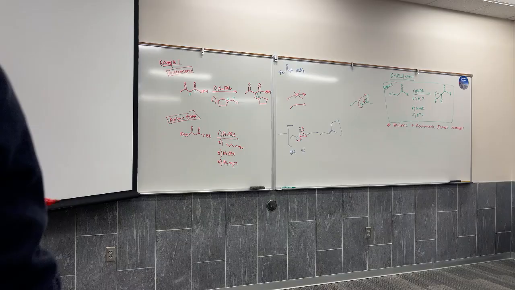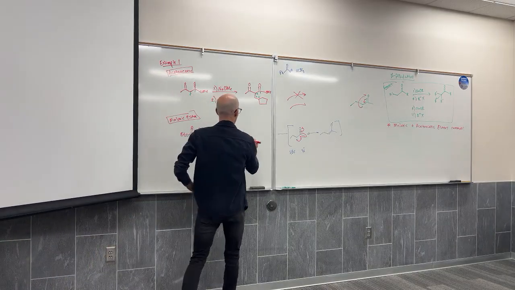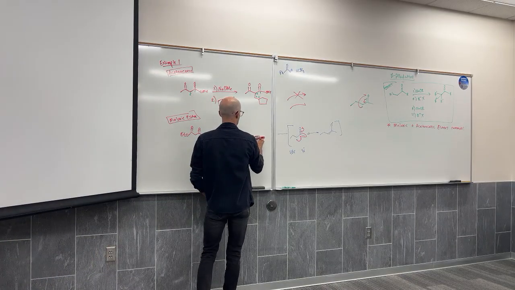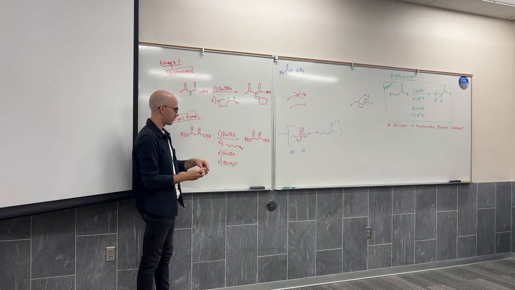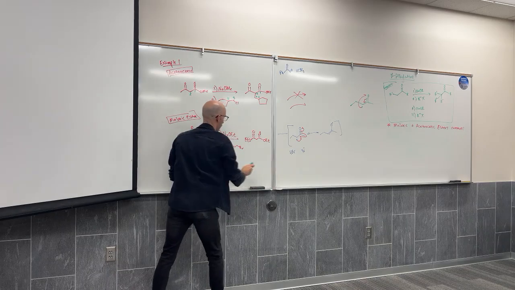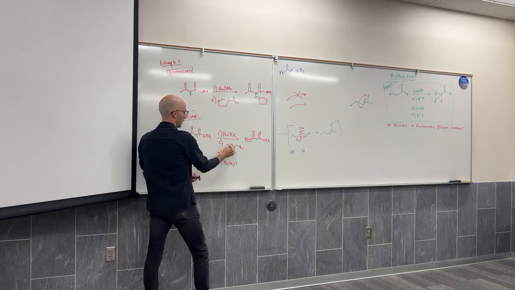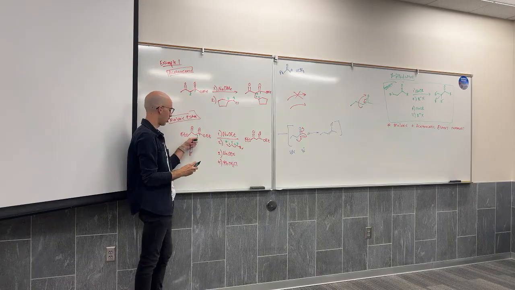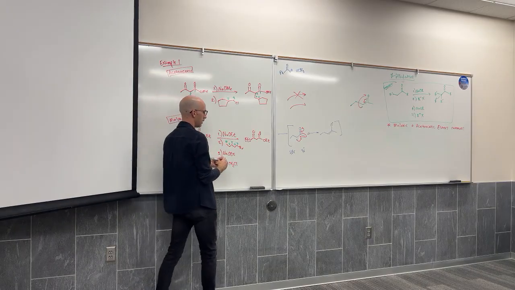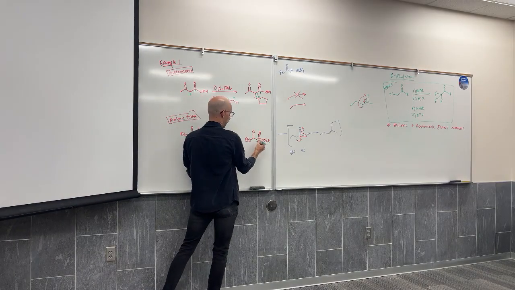Okay, so after the first alkylation step, I add this 5-carbon chain. So I'm going to map just to make sure I'm adding everything that I want to. Here, carbon 2 attacks carbon 3. Well, here's carbon 2.